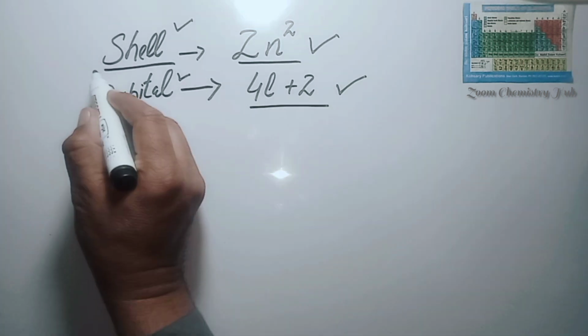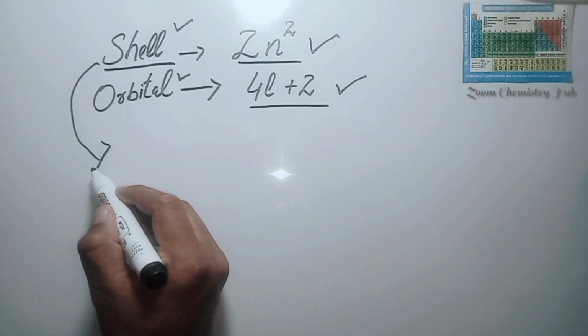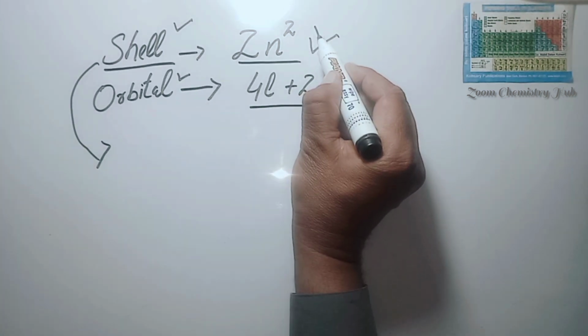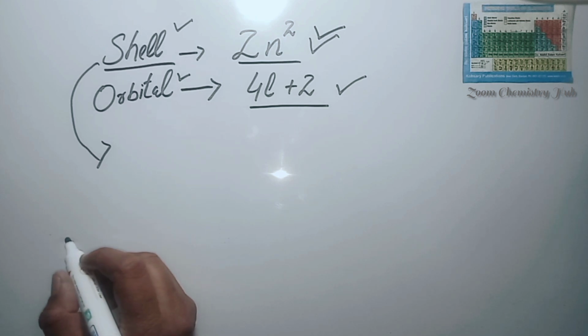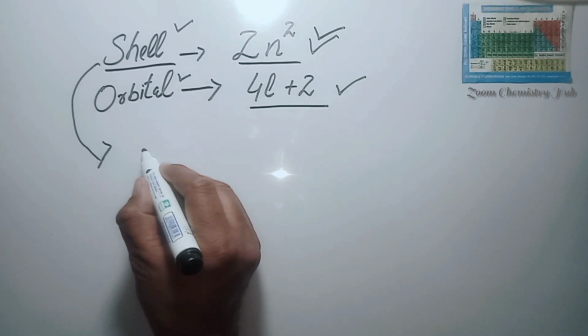Now we will discuss how we can distribute the electrons in the shell by using the 2n square formula.